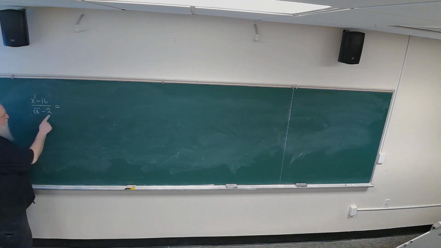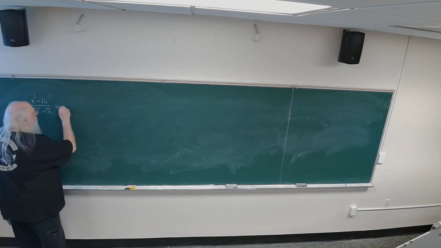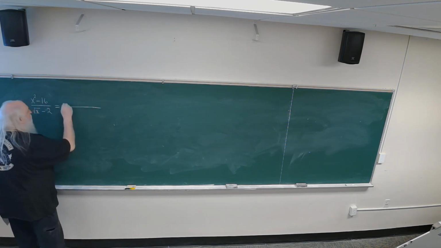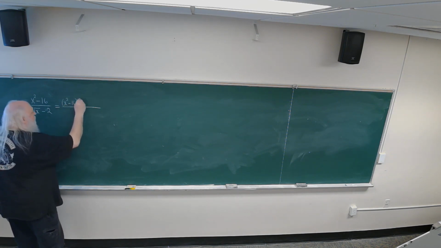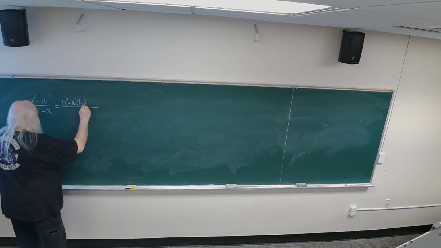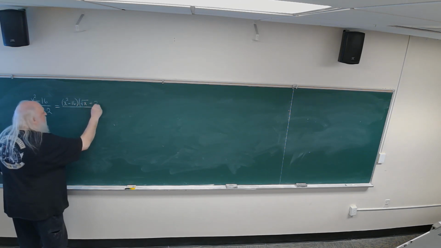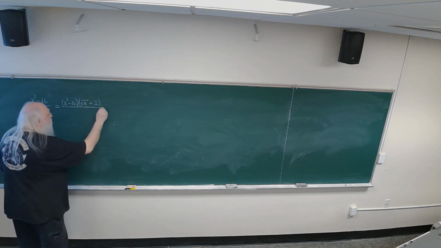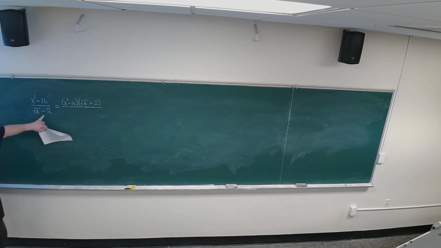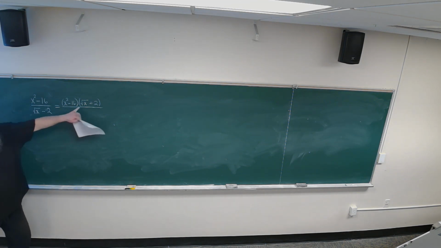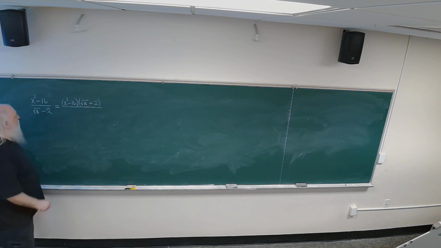So we're going to multiply top and bottom by the conjugate of this denominator. So we have x squared minus 16 times the square root of x plus 2, because the conjugate of the square root of x minus 2 is the square root of x plus 2.